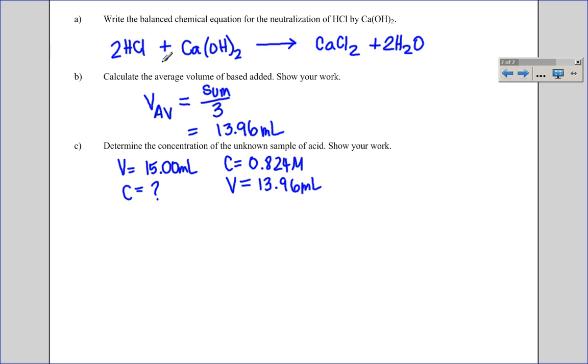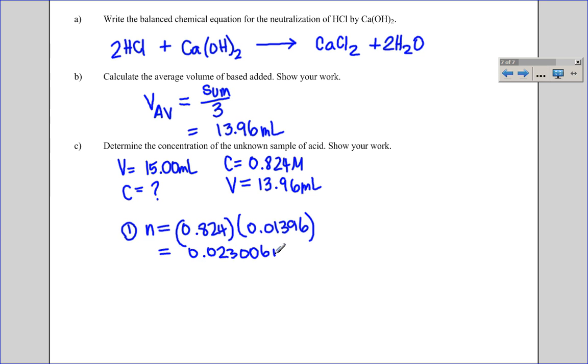and apply the ratio. So in this case, for the calcium hydroxide, the moles is equal to C times V, which is 0.824 times 0.01396 because I need to put my volume in liters to properly calculate the moles, and I'm left with 0.023006 moles.